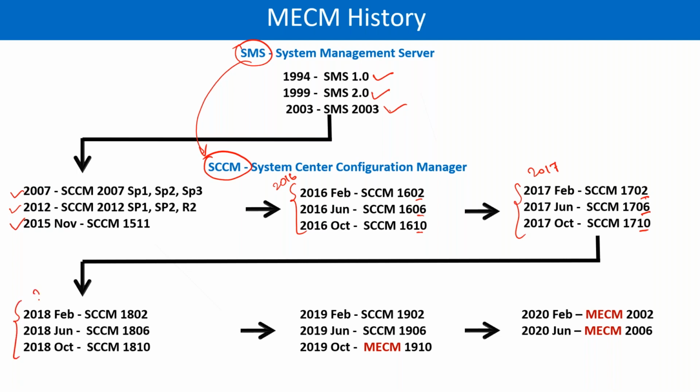These three versions released in the year 2018. These three versions released in the year 2019. But from 1910 onwards, they changed the name again. So it was SCCM, and now they changed the name to MECM. What is the full form of MECM? It is Microsoft Endpoint Configuration Manager.